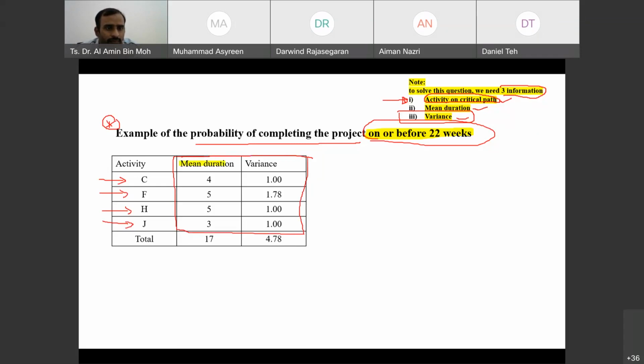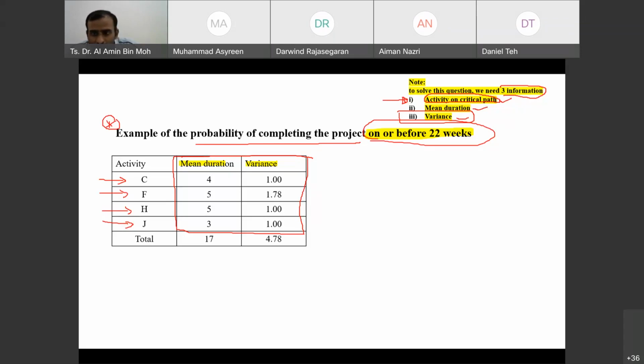Where did we get the mean duration and variance from?